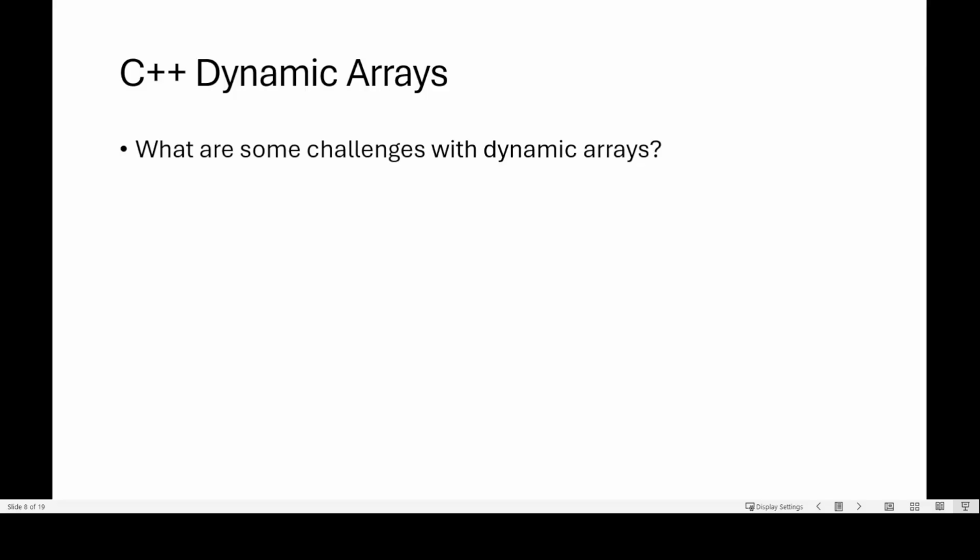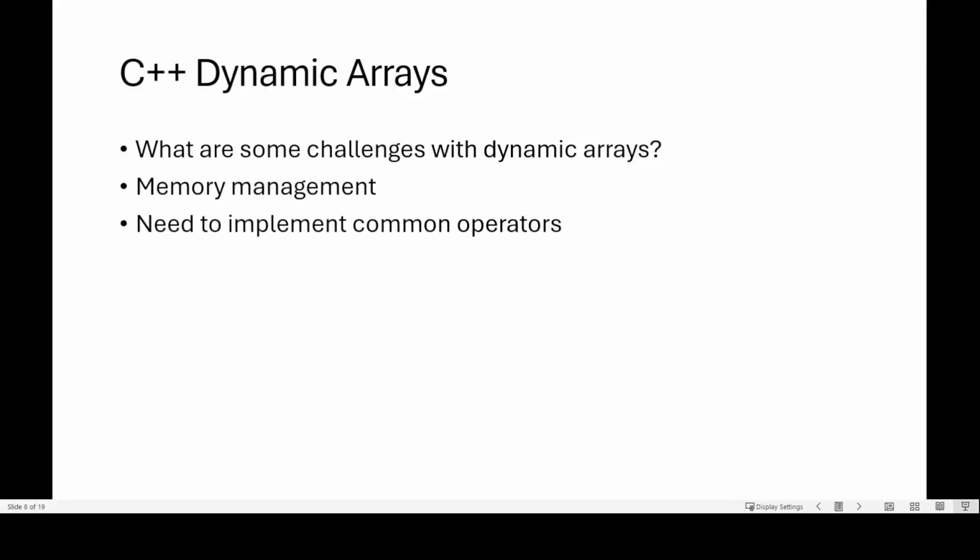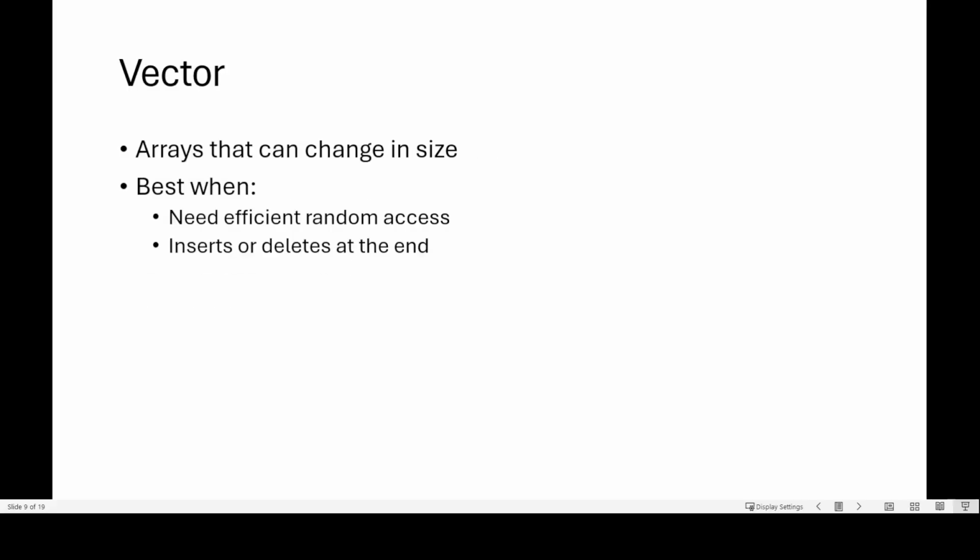What are some of the challenges that you face when you work with dynamic arrays? Well, obviously you have to do the memory management yourself. You need to implement common operators yourself. There is no bounds checking by the compiler or the runtime, so you have that risk. And when you copy a dynamic array, a shallow copy is created, which is often not desirable.